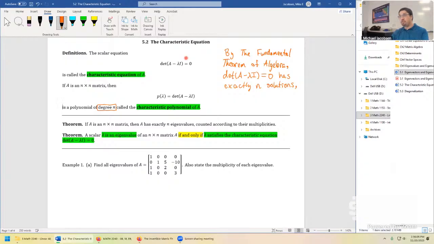And this is part of the reason we were starting to talk about multiplicities in the last section. So let's put in that qualifying statement to make this all true. Exactly n solutions, repeated according to their multiplicities.